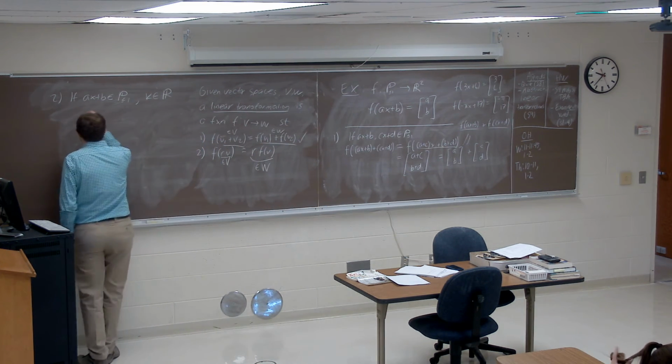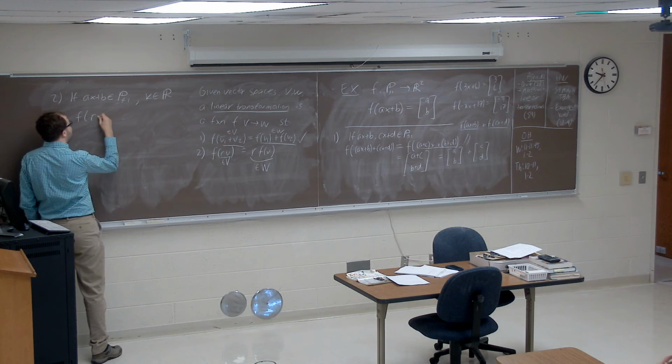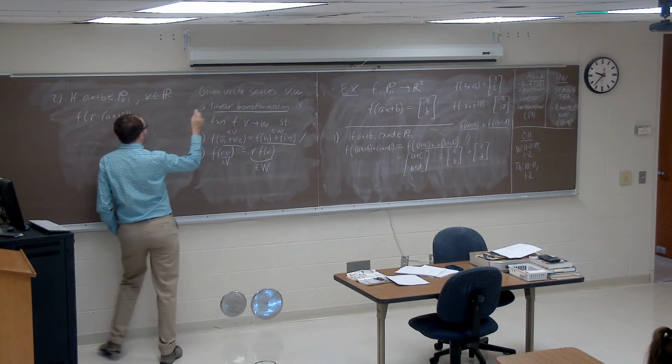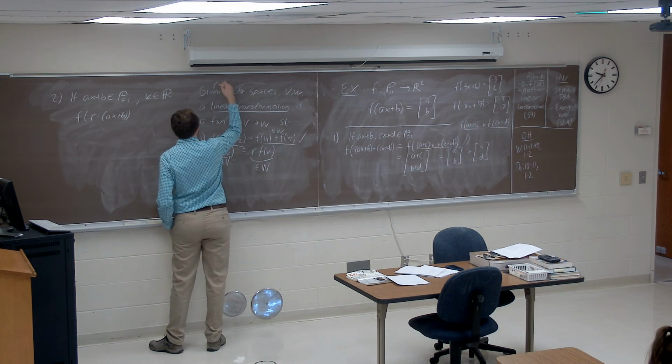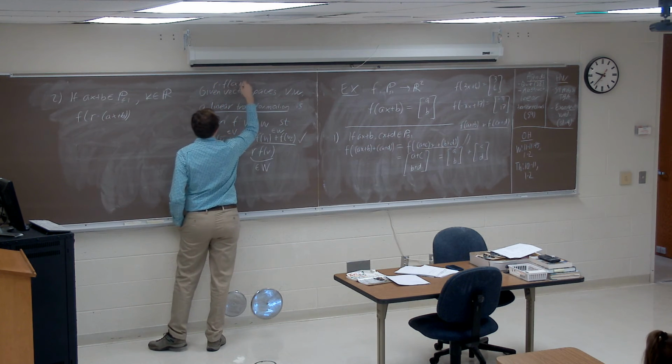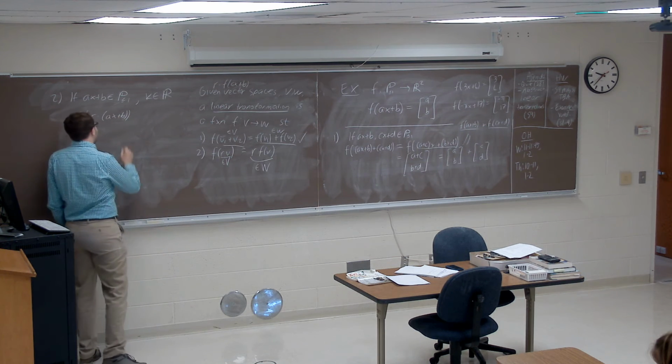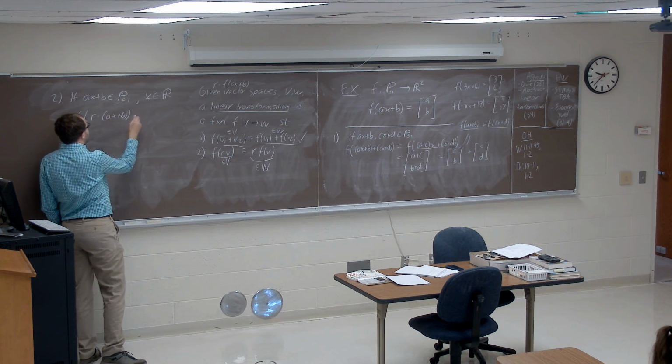We need to show that f of r times our vector ax plus b should come out to the same thing as r times f of ax plus b. So in this case, we're going to do our scalar multiplication first.